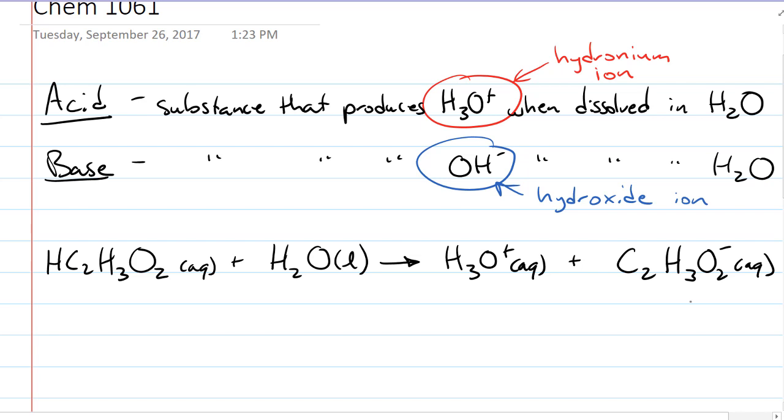And that's aqueous. And so we wind up with hydronium ions and acetate ions as the product. So this is what happens, once again, when we put acetic acid into water, and that accounts for its ability to conduct electricity like we saw.